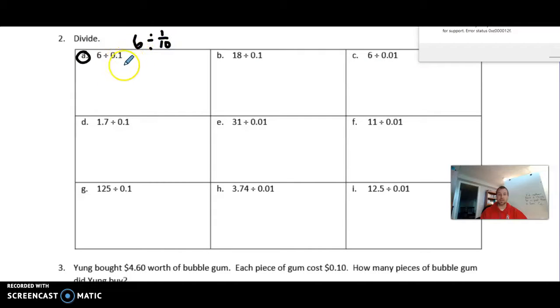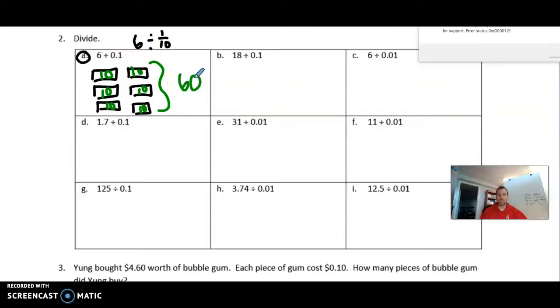They mean the same thing. So really, we're drawing 6 wholes, as we did moments ago, and each of them is being broken up into 10 pieces, for a total of 60 pieces.